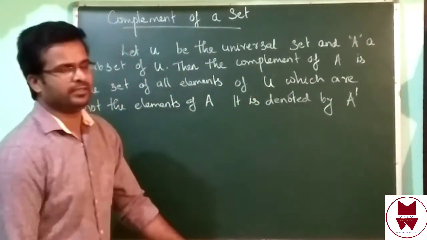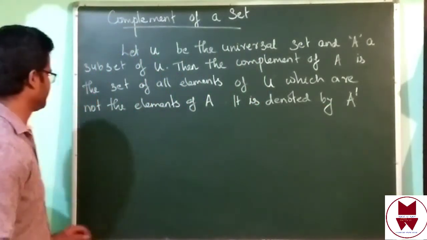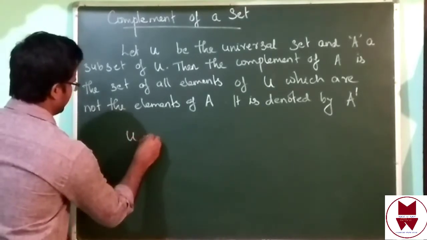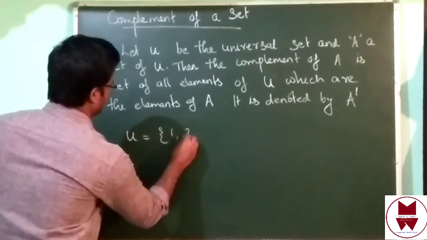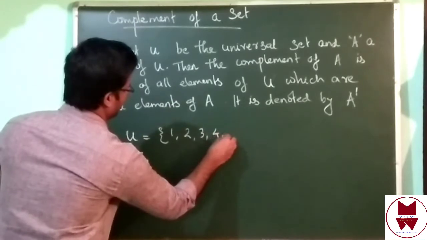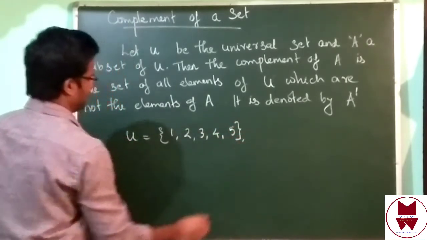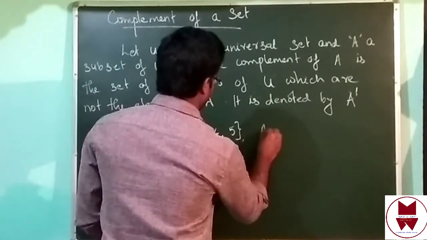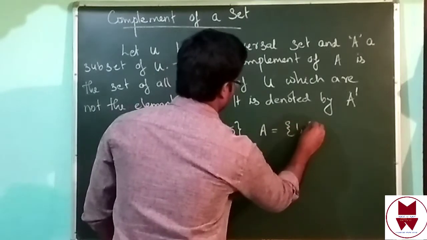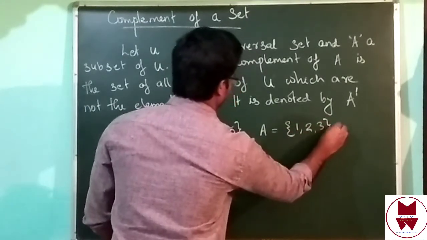Let's study through an example. Universal set: 1, 2, 3, 4, 5. Then one set A: 1, 2, 3, with 3 elements.